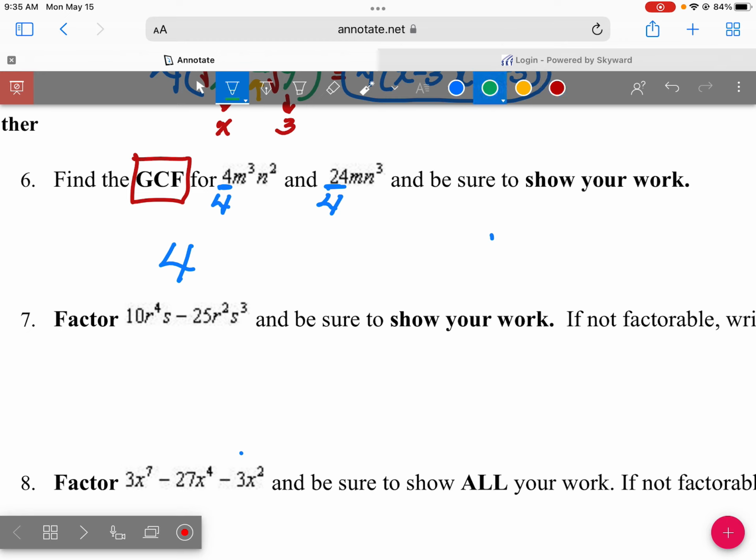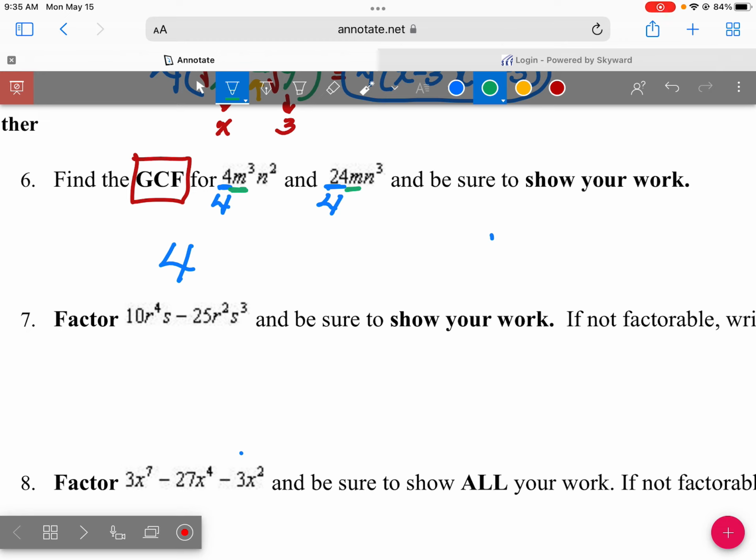All right, now let's look at the m. This has m to the third, and this has m to the first. If I look at my smallest amount, what's the smallest amount that I can take from both? How many m's can I factor out? Well, the first one I have 3, but the second one I only have 1.